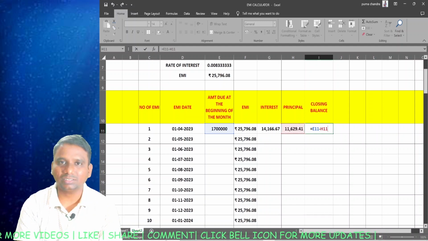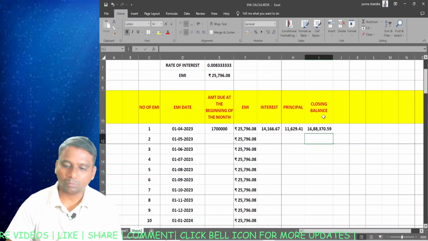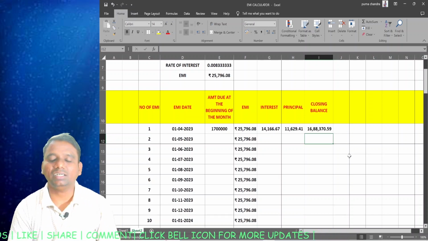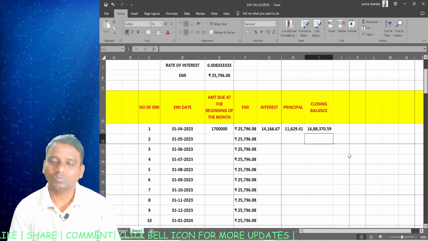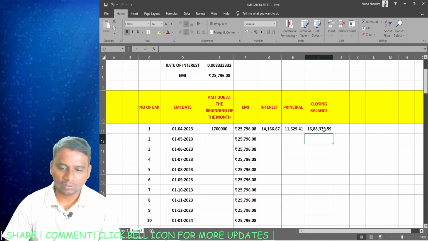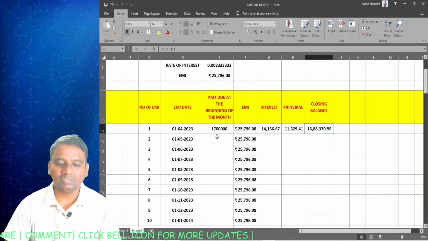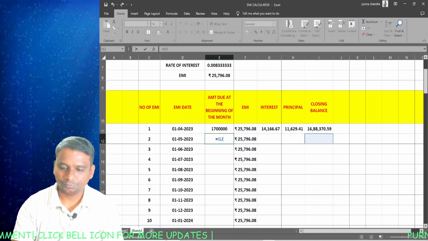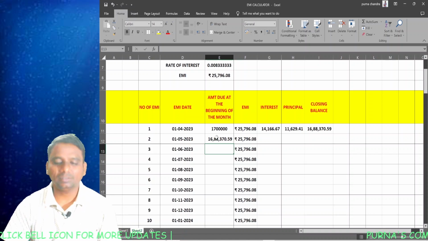Only 11,629. So the balance remaining is 16,88,370 rupees. Understood? Next. So this will become the opening balance on the next month. So this is the opening balance.